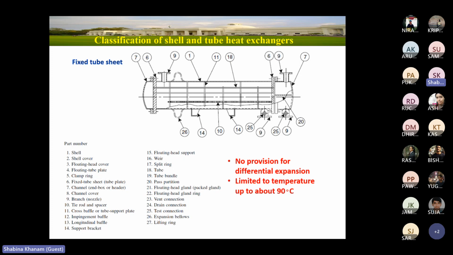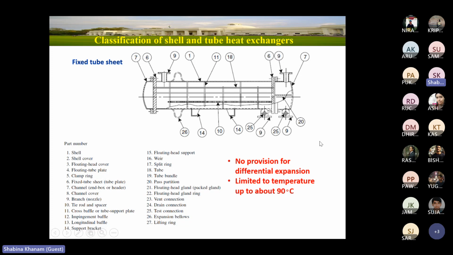If the maximum temperature among these is less than or equal to 90 degrees, then only you will choose this fixed tube sheet, because it does not accommodate differential expansion or contraction.